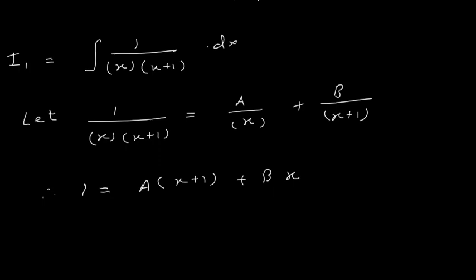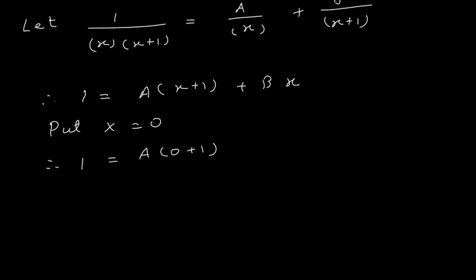Now to find the values of a and b, first we take x equal to 0. So x equal to 0 gives us 1 equals a into (0 plus 1), that is, we get the value of a as 1.